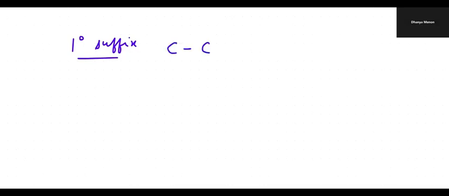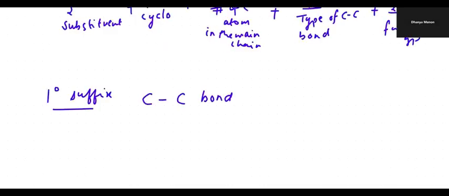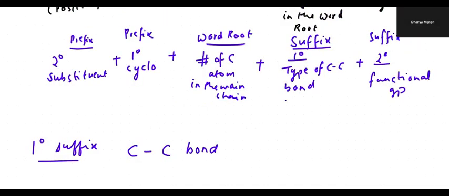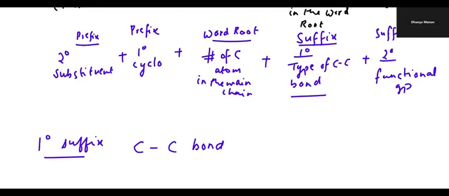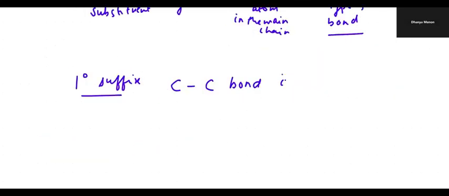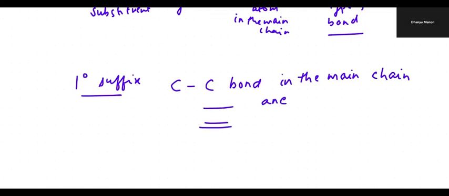So in the primary suffix, you have to mention the type of carbon-carbon bonds in the main chain. If it is a single bond, we mention ane. If it's a double bond, we write ene. If it's a triple bond, we write yne.